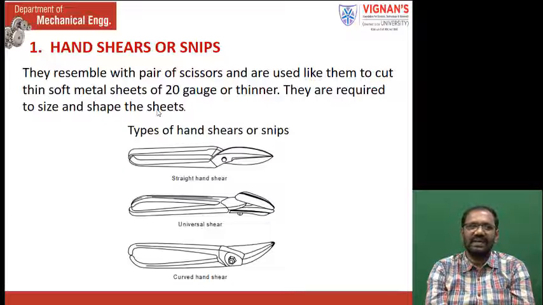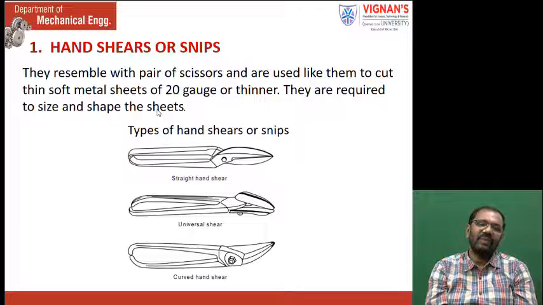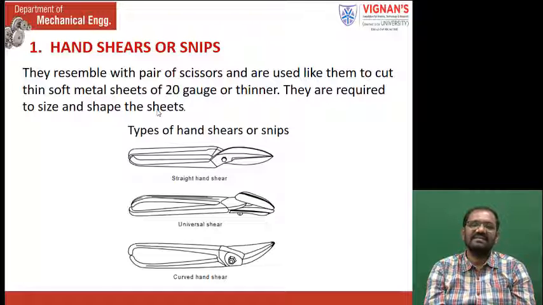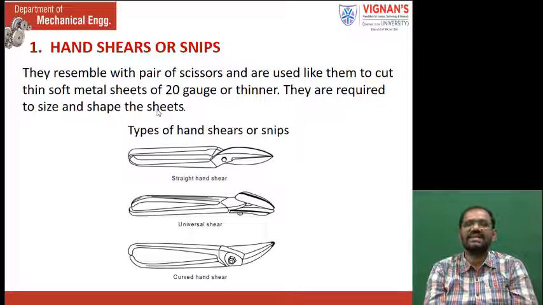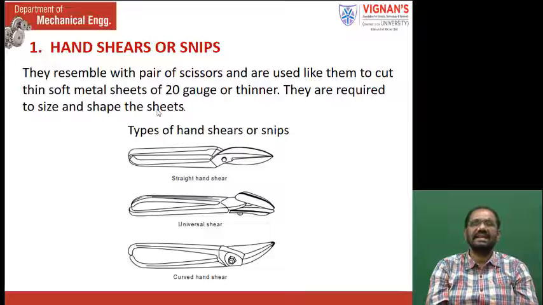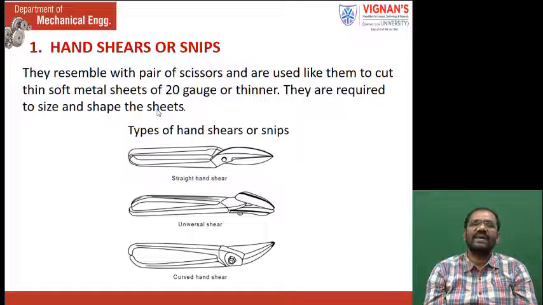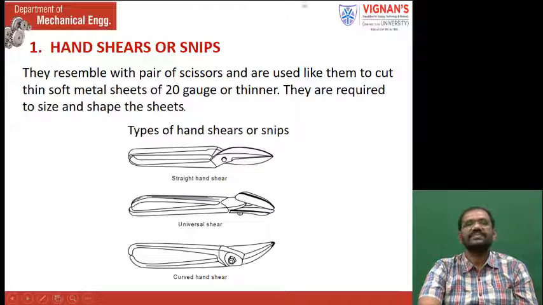If you go to the workshops outside where almirahs are made, and you say a 2 mm thickness sheet almirah, they cannot understand. You have to say 20 gauge, 18 gauge, or 25 gauge. They are required to size and shape the sheets. These scissors are used to cut the sheet metal into required shape and size.